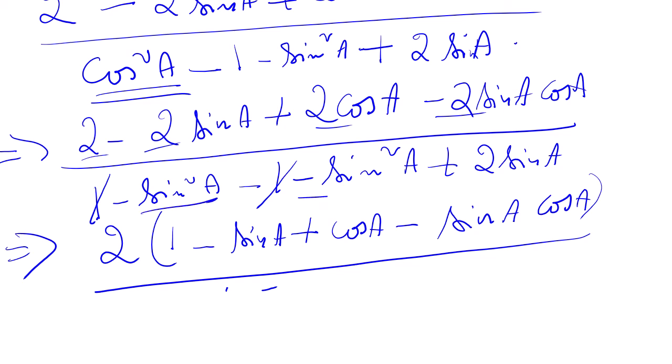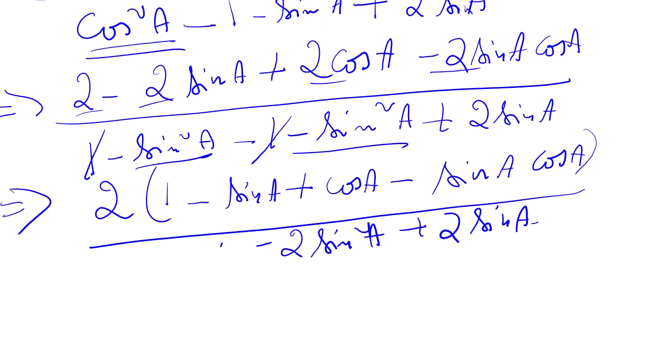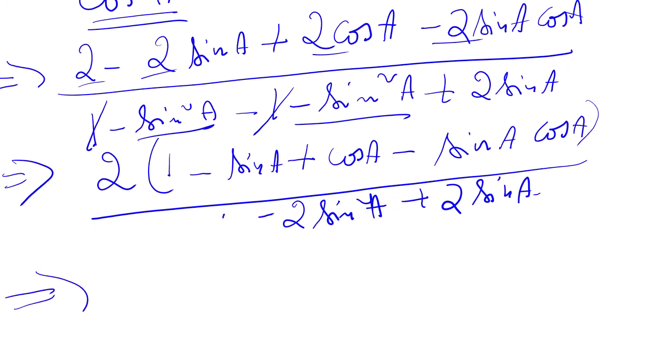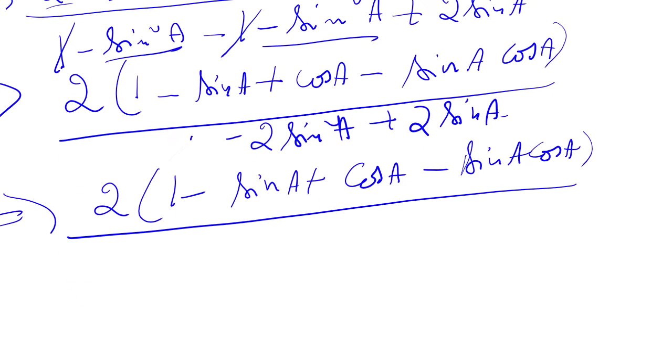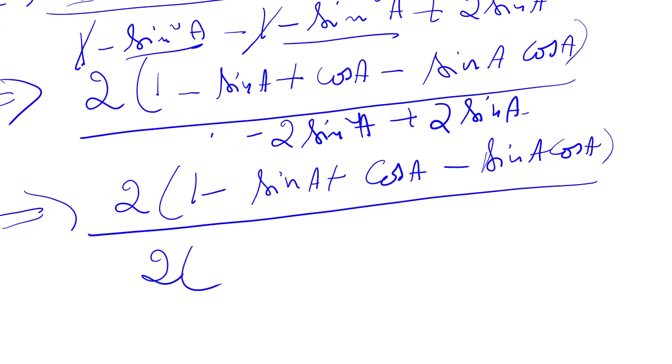So minus sin square A minus sin square A will become minus 2 sin square A and plus 2 sin A. Now from the denominator also we will take out 2 common. So 2 into 1 minus sin A plus cos A minus sin A cos A whole upon, from the denominator if you take out 2 common, let me write the first plus sign first. So sin A minus sin square A.